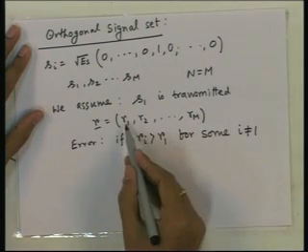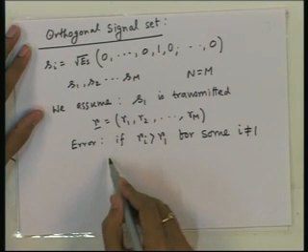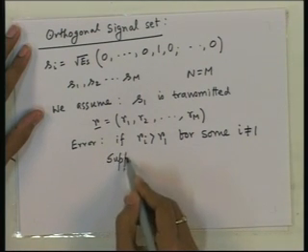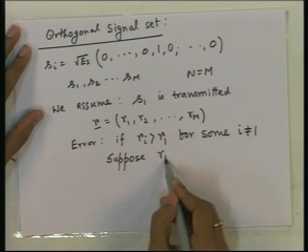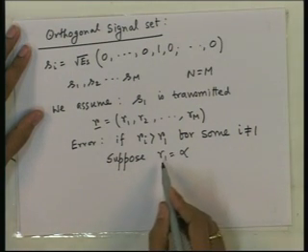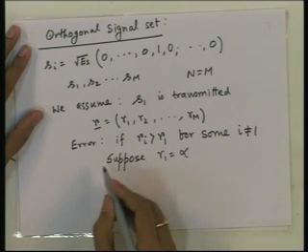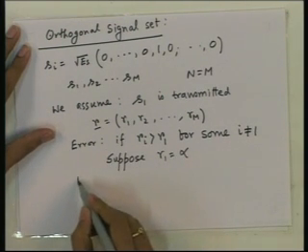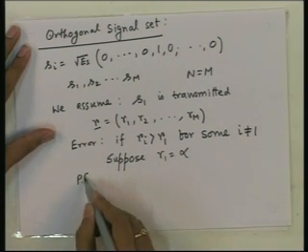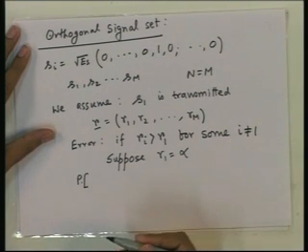So, let us assume that we have received R1 equal to some value alpha. Then what is the probability of error? We will first compute the probability of correct detection and then compute probability of error.